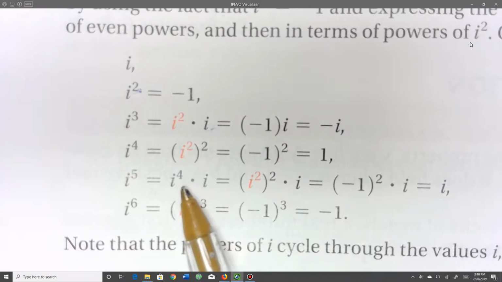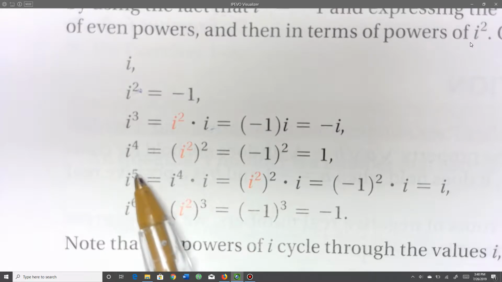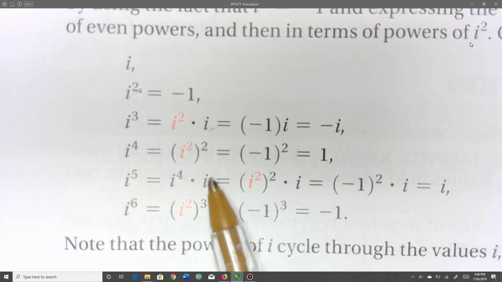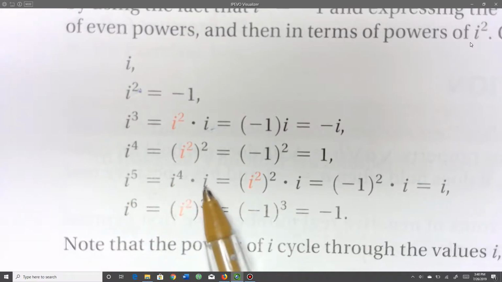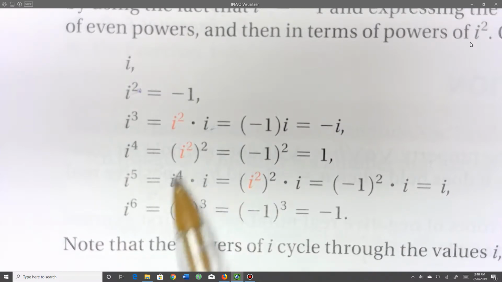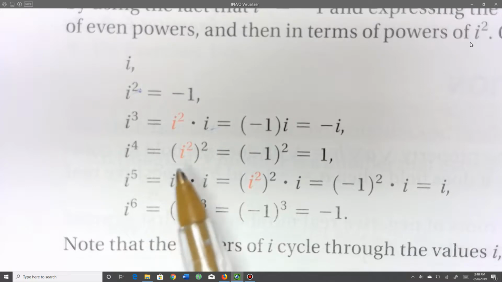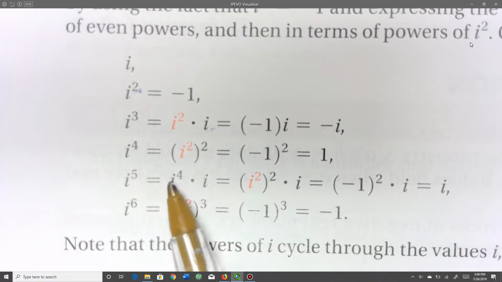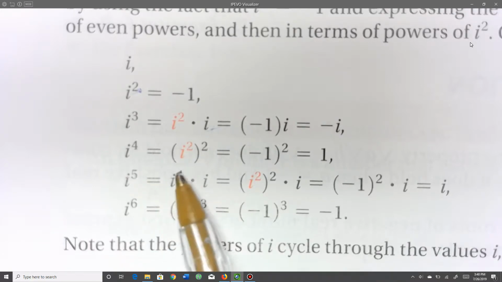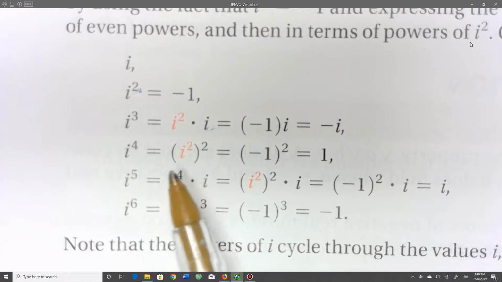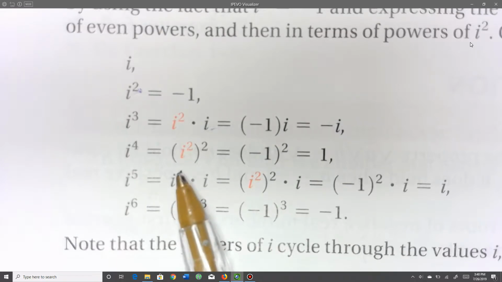So we just multiply that times i. Here we start with an odd exponent. Again, you're always going to have a residue of i at the end. So just think about the even exponents, and then think about the rule. I got two negative i's out of there. Negative i times a negative i is positive.